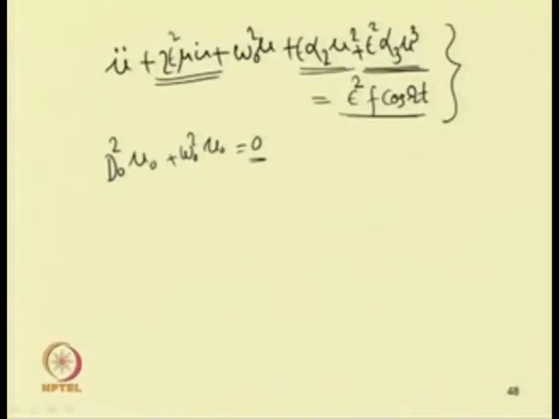It will lead to the free vibration response, and the solution u 0 we can write as we did in the previous case. It will be u 0 equal to a cos omega 0 t, or using the exponential form, a e to the power i omega 0 t plus a bar e to the power minus i omega 0 t.